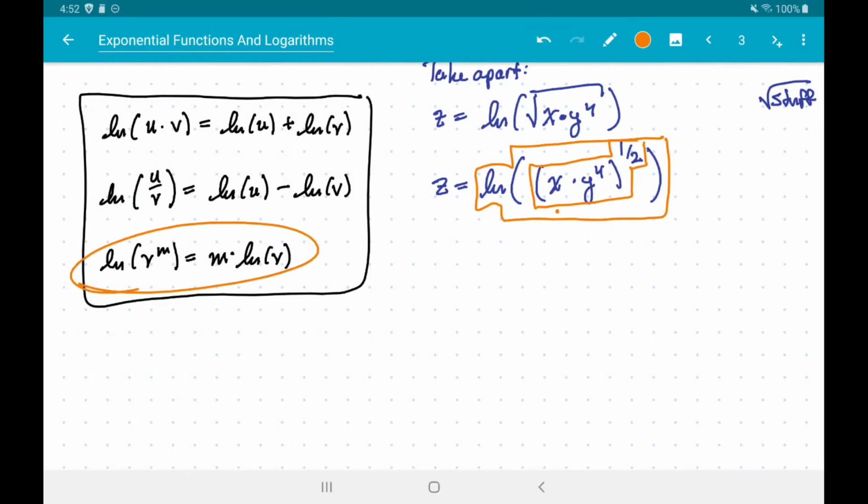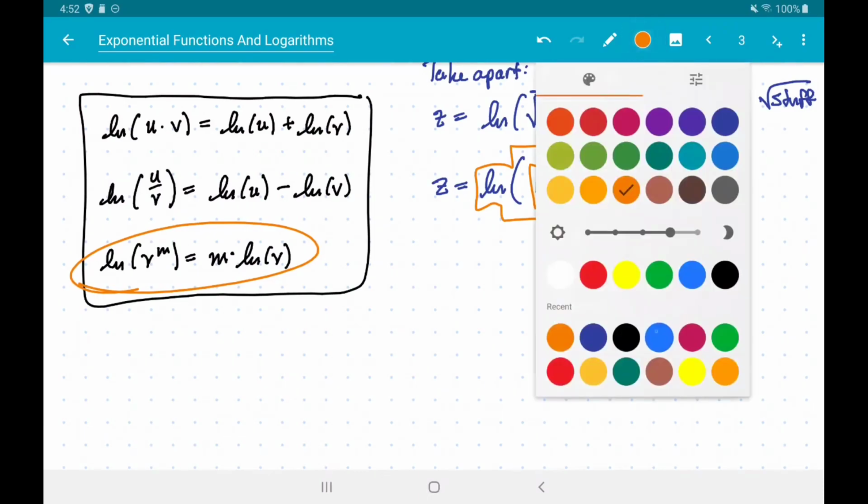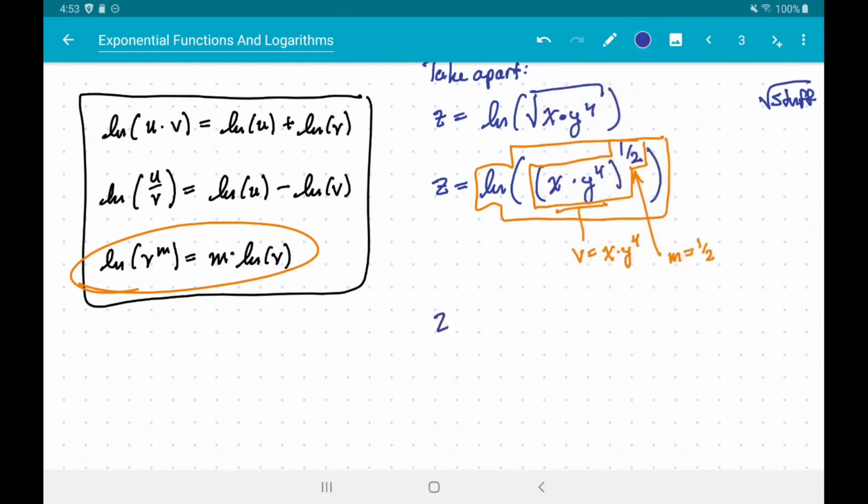And for this, v is all the stuff inside the exponent, and the m is that 1/2, the actual exponent. So when I start writing out the replacement, I'll start with the m, which is this 1/2, then the multiplication, then ln, and then inside ln, I'll write this v.